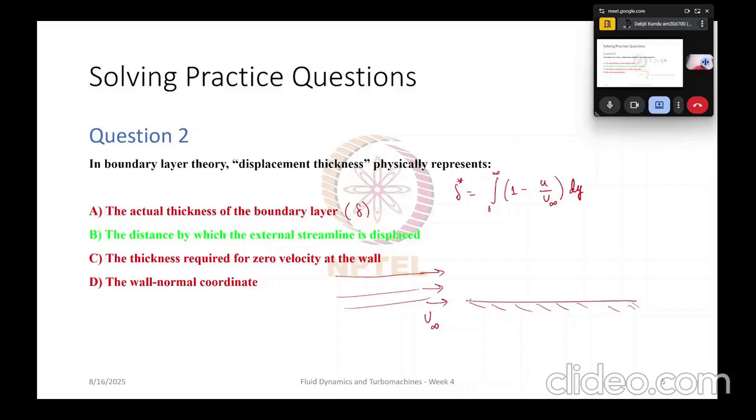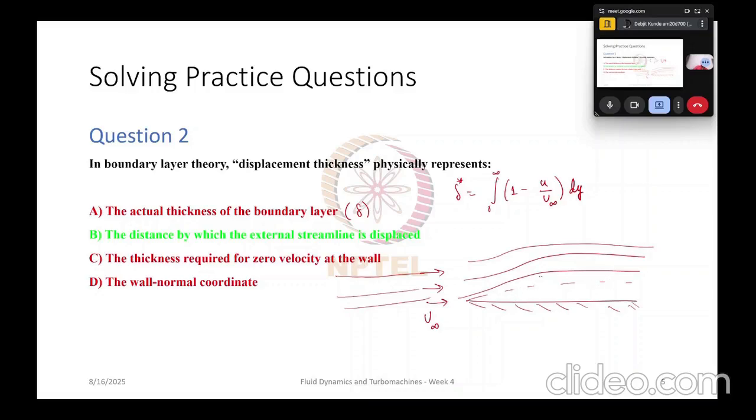Now, due to the boundary layer formation, these streamlines get deflected by a little bit, right? Because the flow slows down due to the viscous effects near the wall.